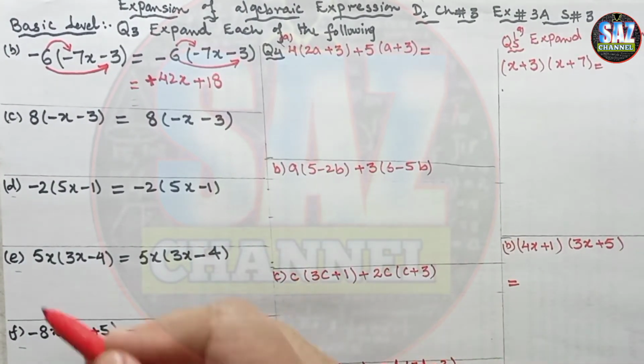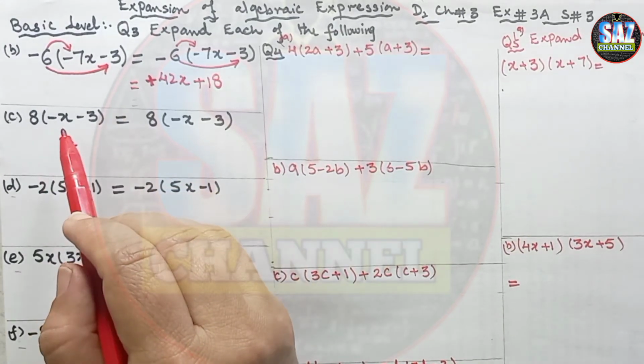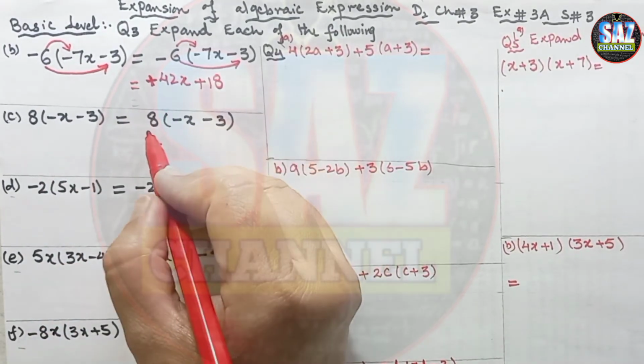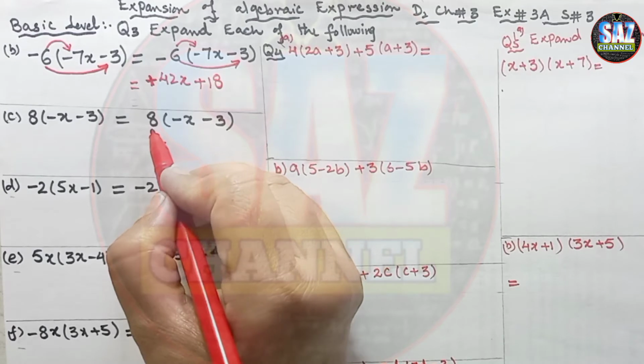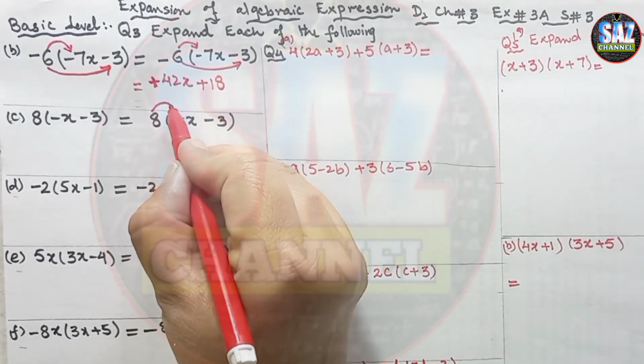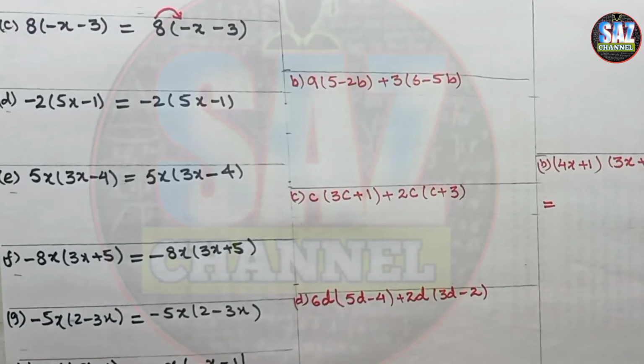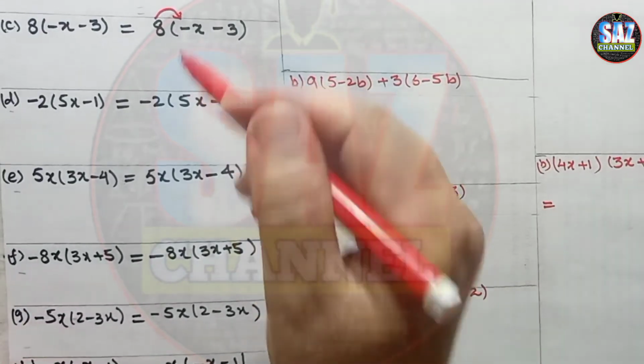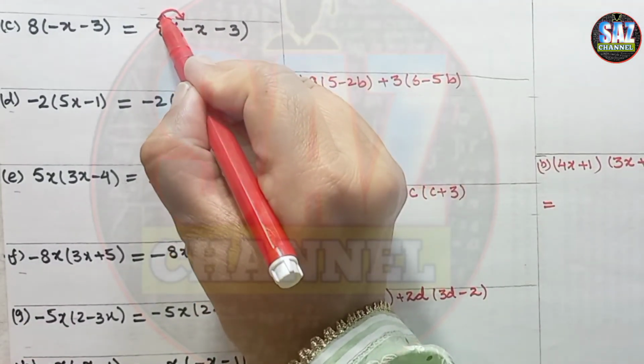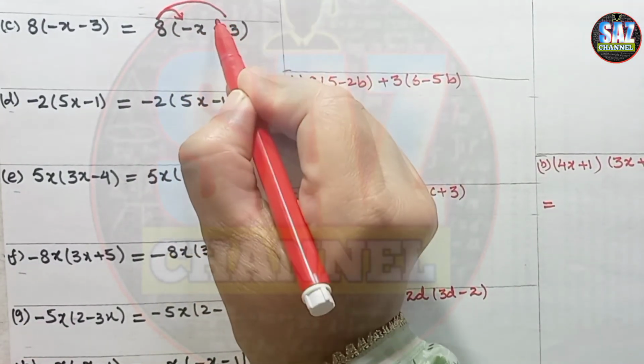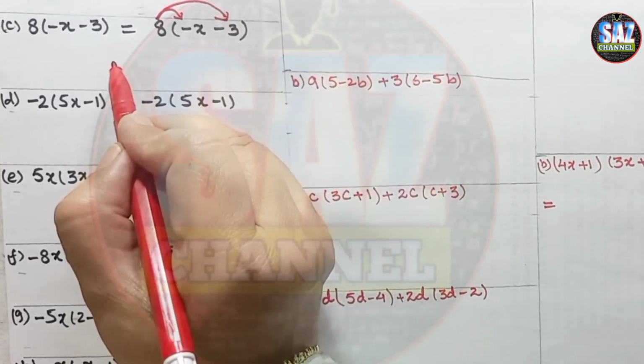Moving to the next part, that is 8 into minus x minus 3. I have written the question again for you, and now I have to remove the bracket. Now 8 has to be multiplied with the first term, and with the second term as well.